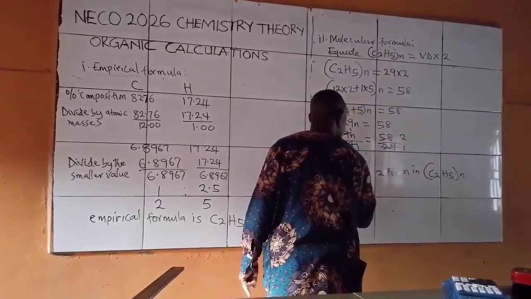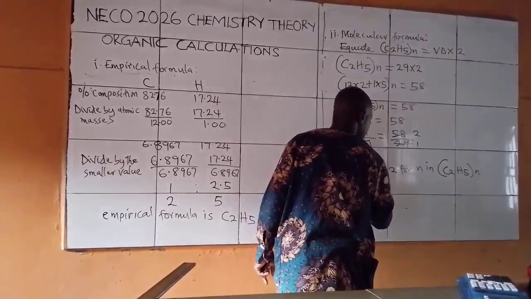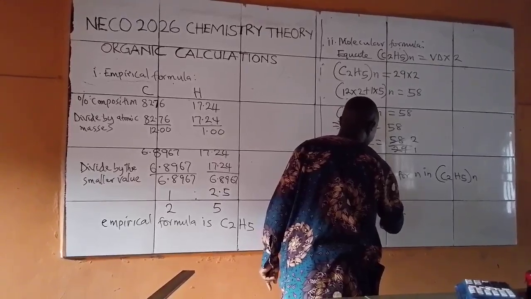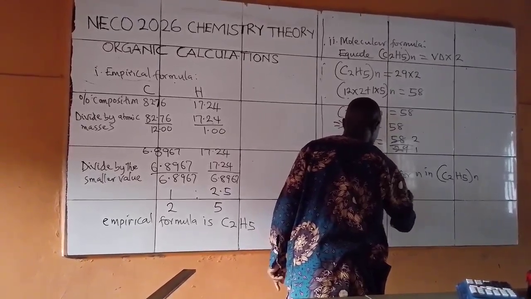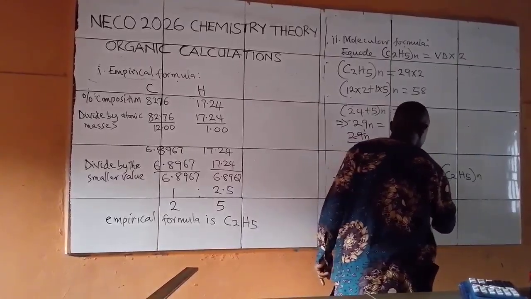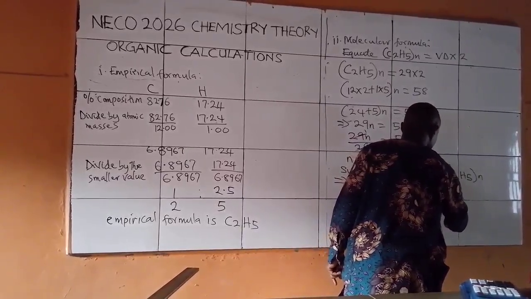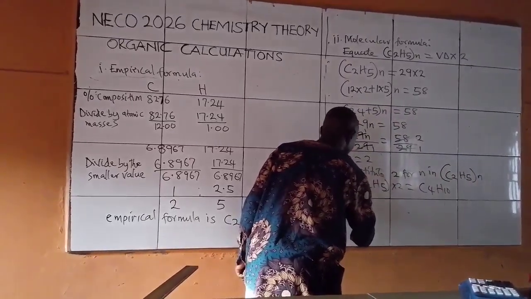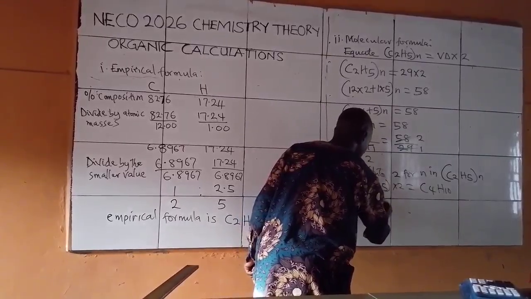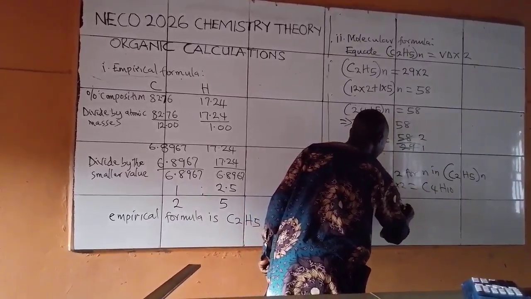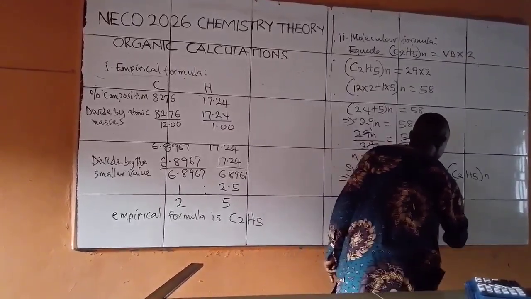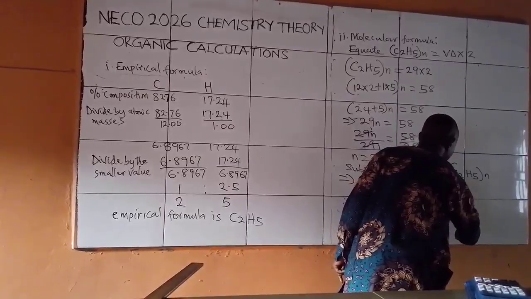This implies that C2H5 times 2 is equal to C4H10. Therefore, our molecular formula is C4H10.